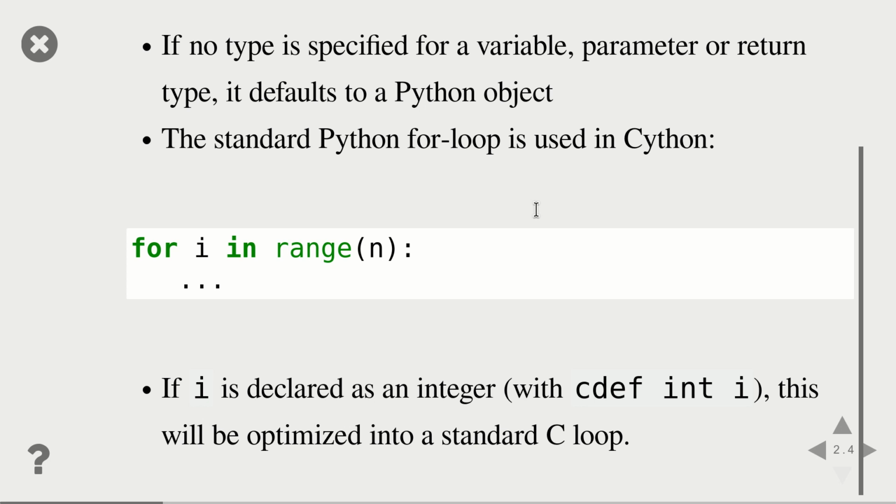But if you declared that i is an integer and n is an integer, then this loop will be translated to pure C code and compiled as pure C code. As a consequence, you will get all the speed benefits of a pure C loop. So a normal Python for loop results in a pure C implementation with all its benefits using Cython.